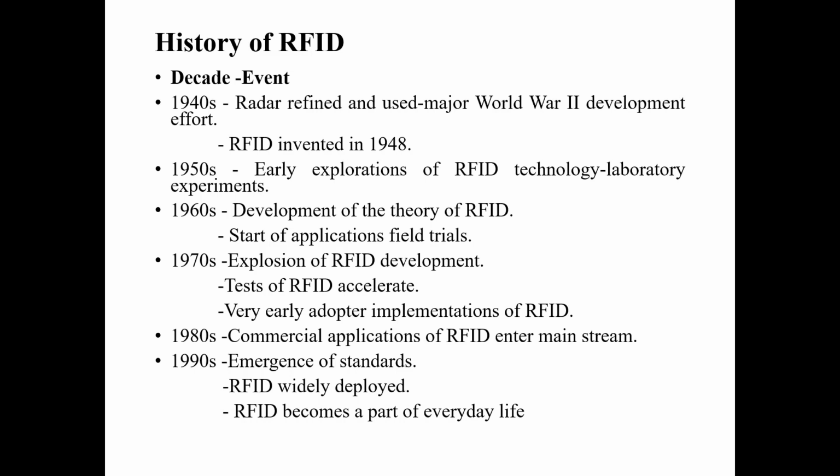In the 1990s and early 2000s, improvements in microchip and wireless technology made RFID smaller, faster, and cheaper, allowing use in retail supply chains and healthcare. Today, RFID is widely used across industries, supporting automation, security, and real-time information sharing. That is the history of RFID.